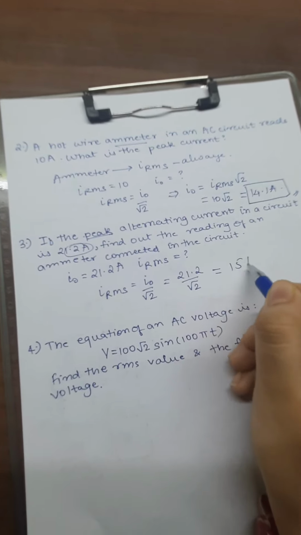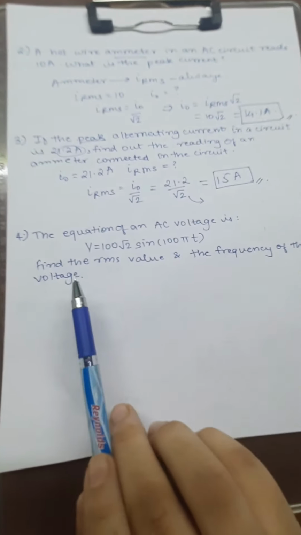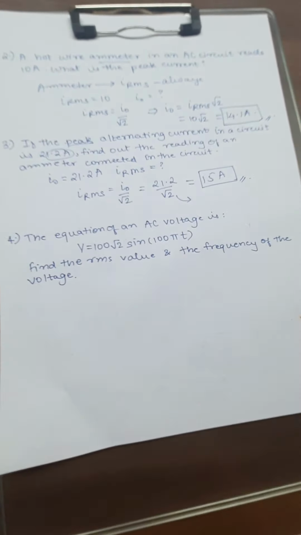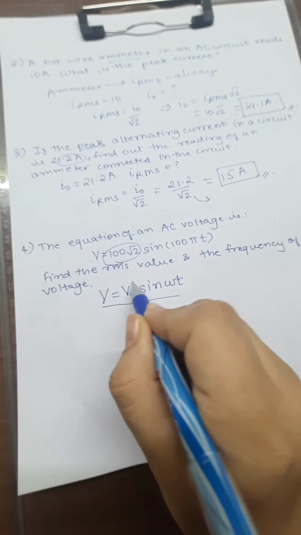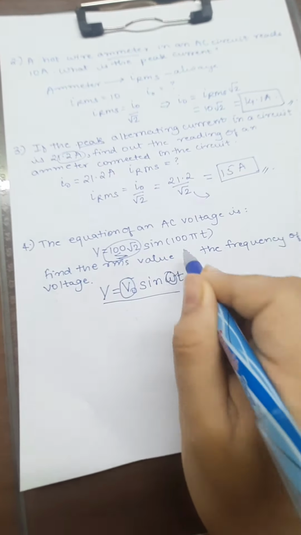The fourth question, the equation of an AC voltage is V equal to 100 root 2 sine 100 pi t. Find the RMS value and the frequency of the voltage. So here the peak value is given. We know the formula V equal to V naught sine omega t. So from here we get that V naught is 100 root 2 and omega is 100 pi.